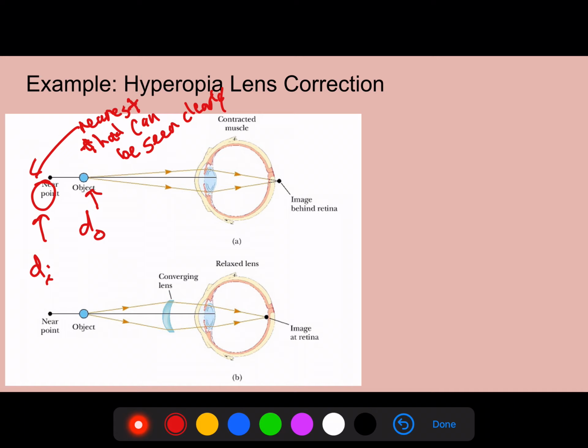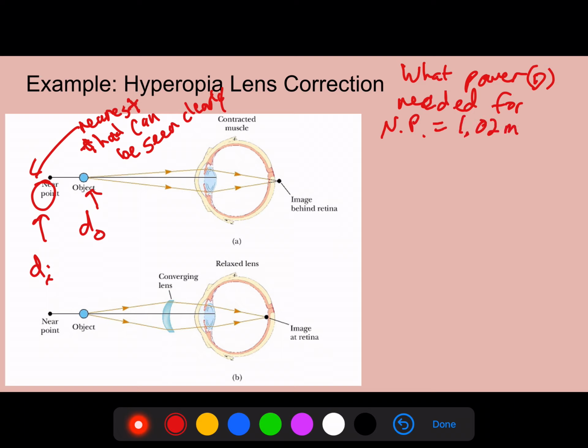Okay, so let's take an example. Let's say we want to know what power or diopter we need if the near point, which I'll abbreviate as NP, is equal to 1.02 meters, and let's make it a little bit trickier this time. We'll say this is the distance from the eye.